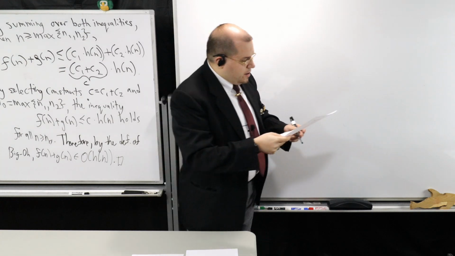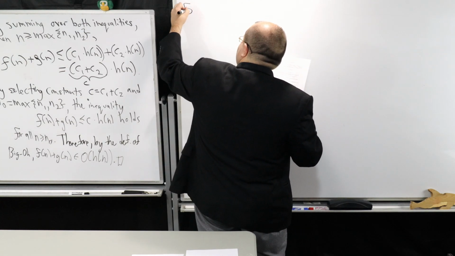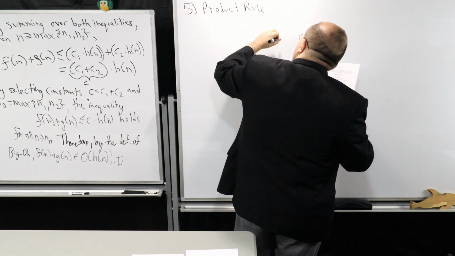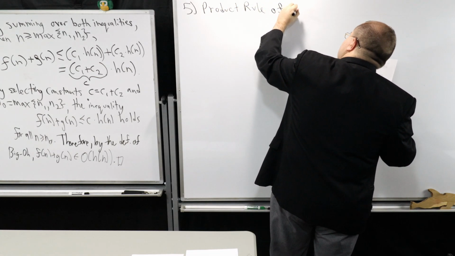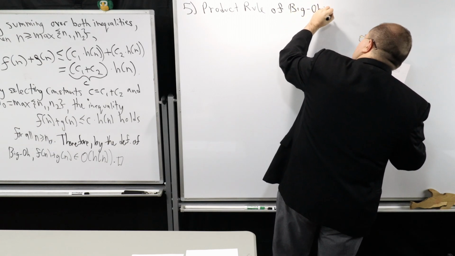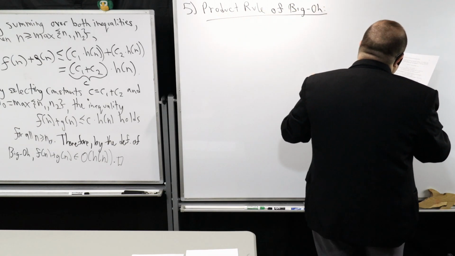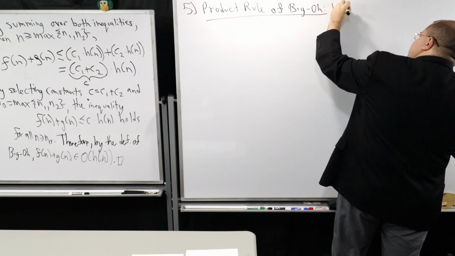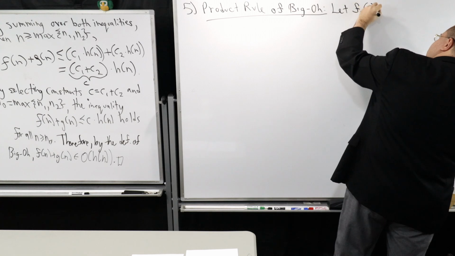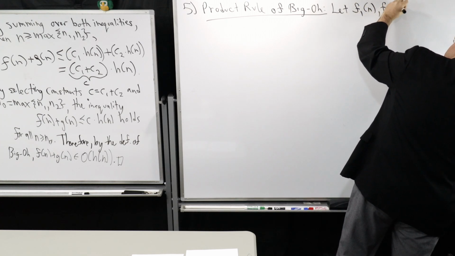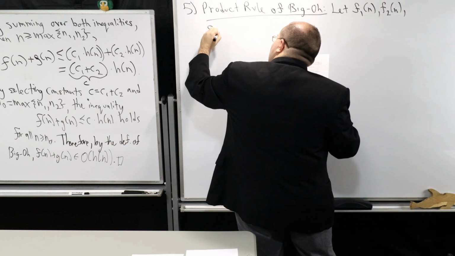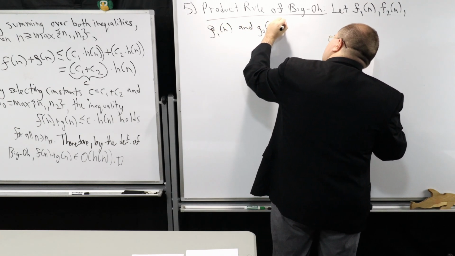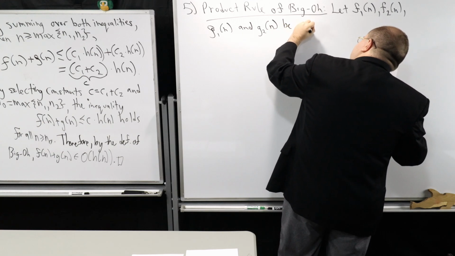Okay, everybody. So the next one I want to talk about is the product rule of big O. So imagine you have F1, F2, G1, and G2 be complexity functions.